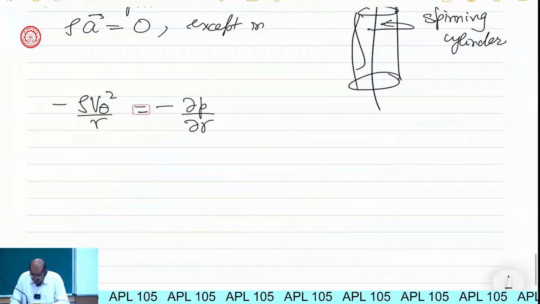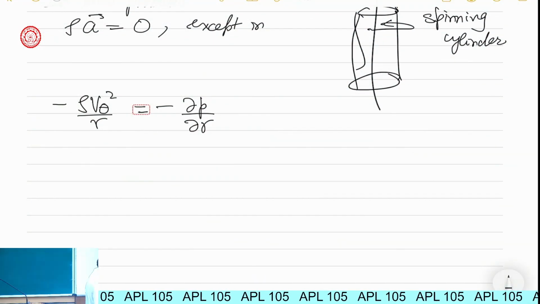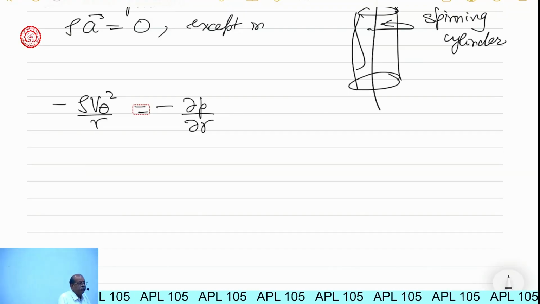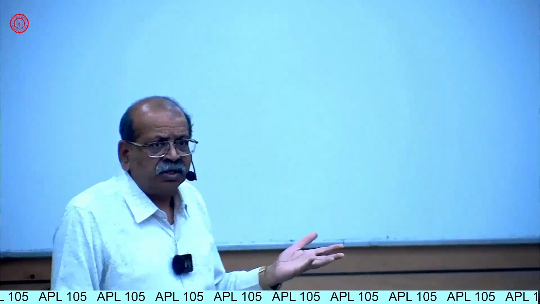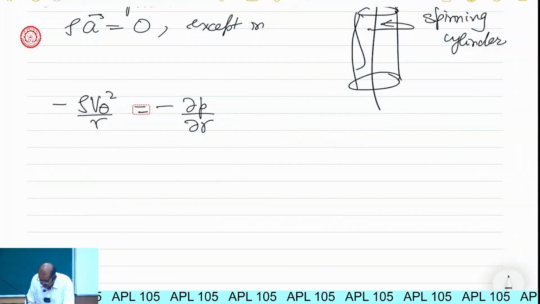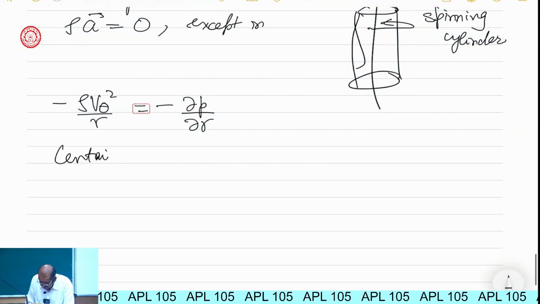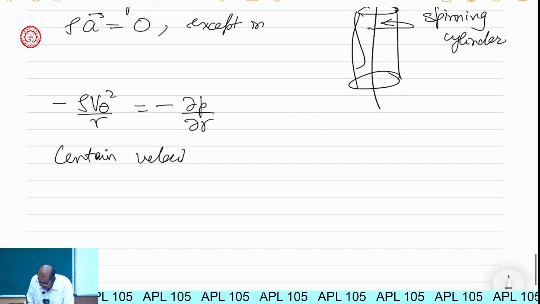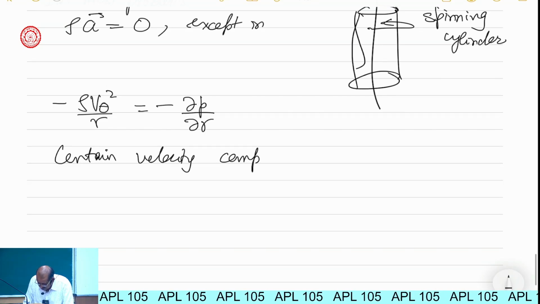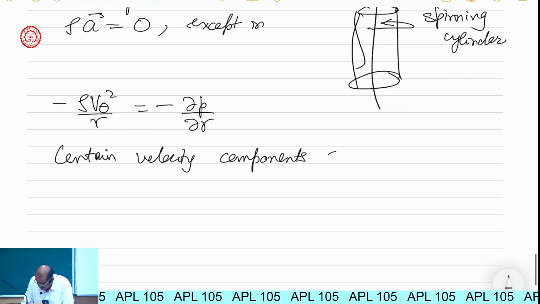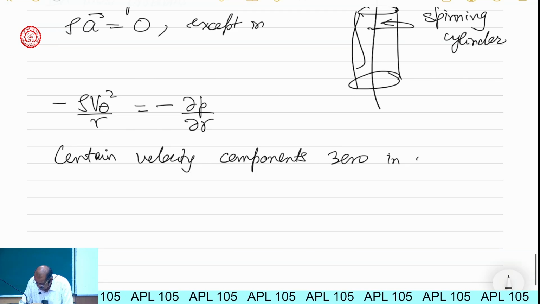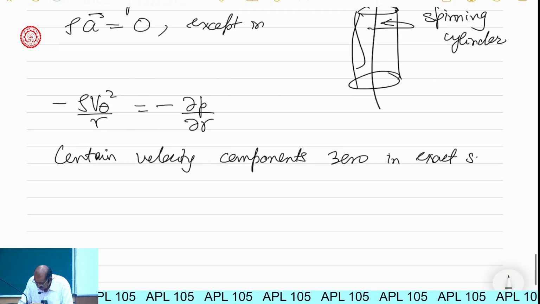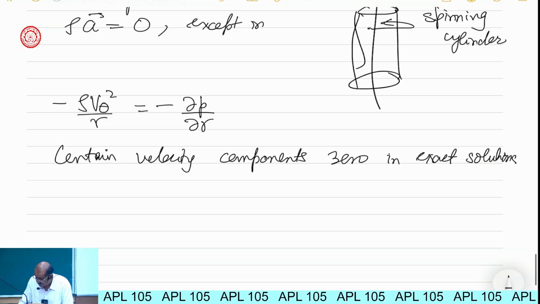And so there are certain terms which become 0 in the Navier-Stokes equations. So, certain velocity components are 0 in the exact solution.